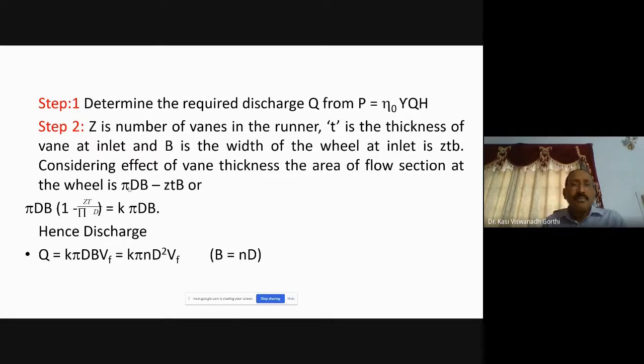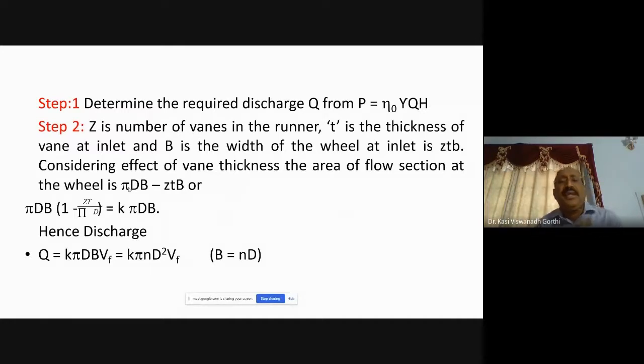However, all through the periphery of the runner, water will not flow, because there is certain obstruction which is created by providing the vanes over the periphery of the runner. Assume that there are z number of vanes provided all through the periphery of the runner. Thickness of each vane is T, and all through the breadth of the runner they are provided.